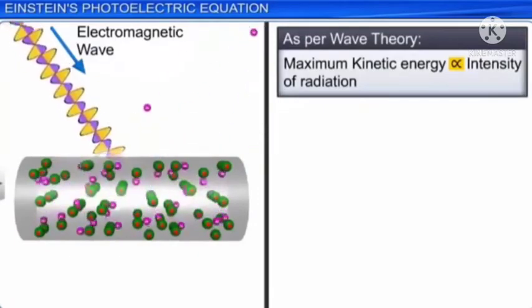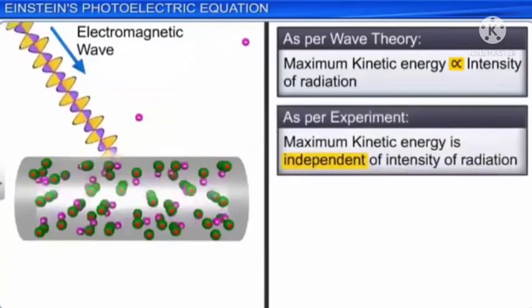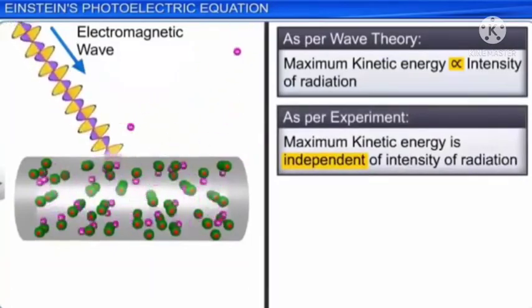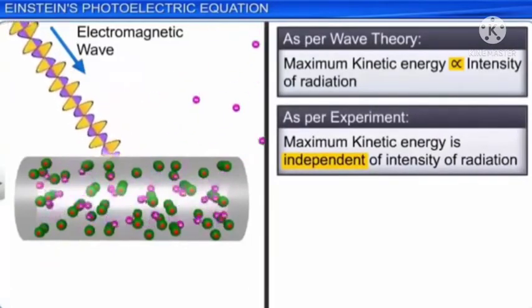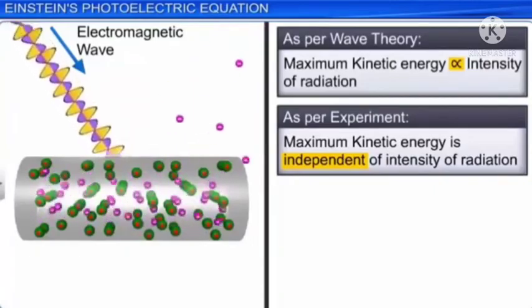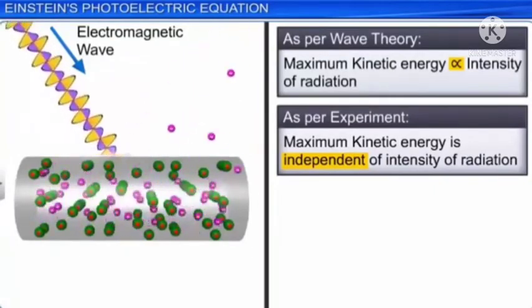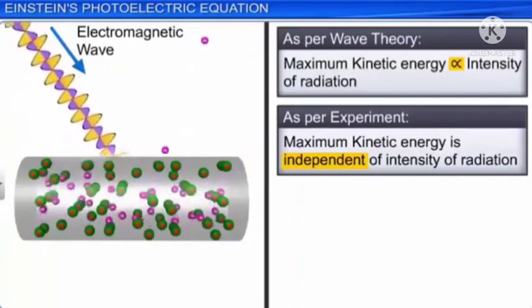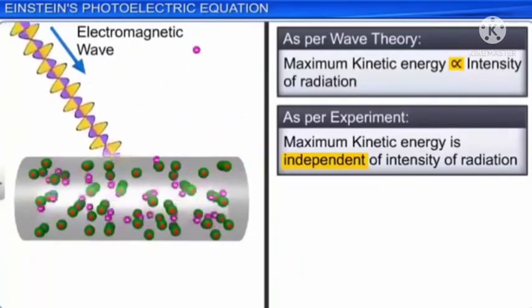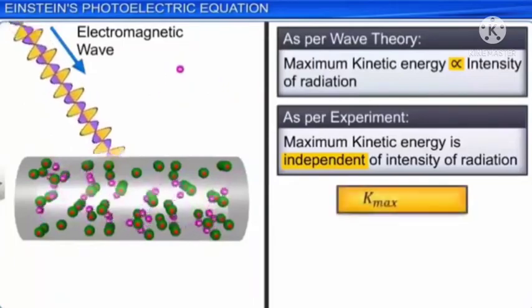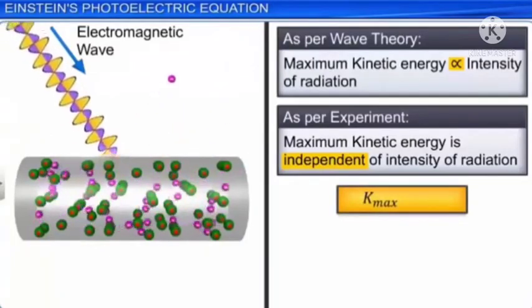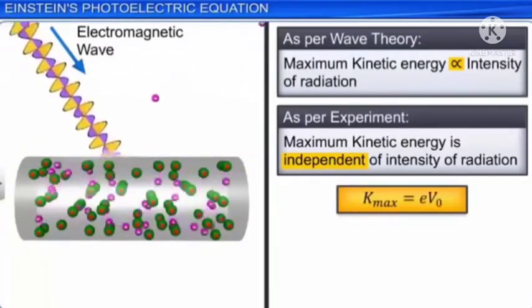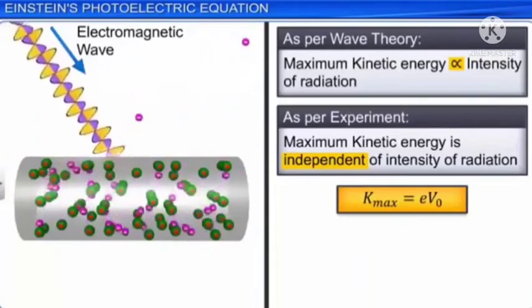But photoelectric effect experiments show that as the intensity of the radiation increases, there is no increase in the maximum kinetic energy of the ejected electrons. We learnt earlier that the maximum kinetic energy, K max, for the ejected electrons is equal to eV0, where V0 is the stopping potential.